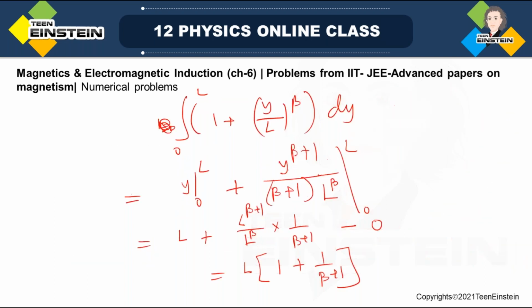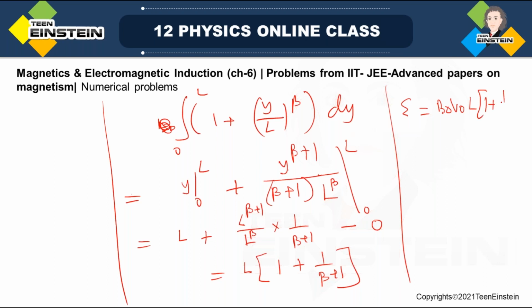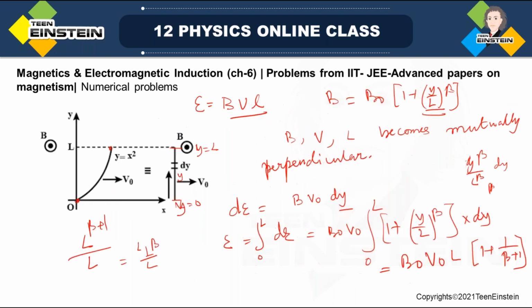So finally the EMF we are getting is V0 L whole into 1 plus 1 over beta plus 1. Now look, it is directly proportional to L. This is true. That means the first option.